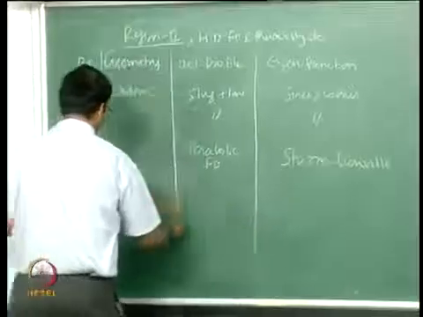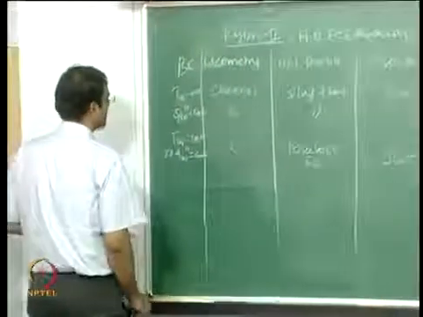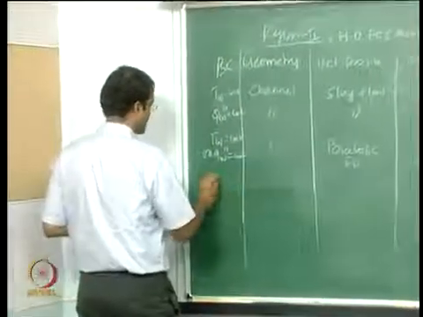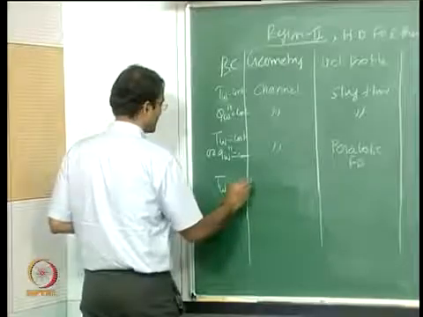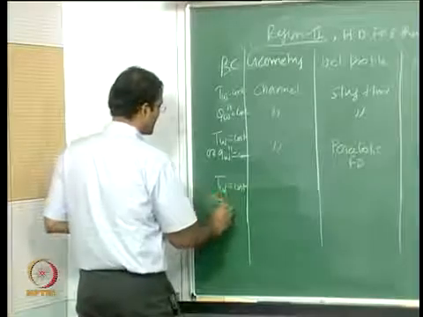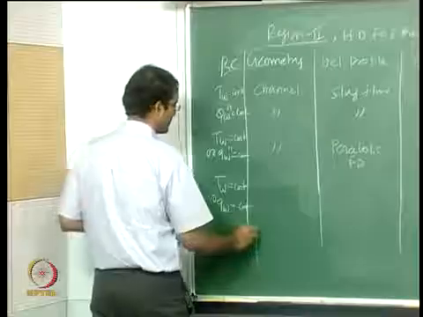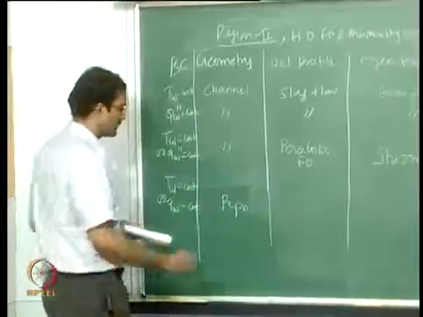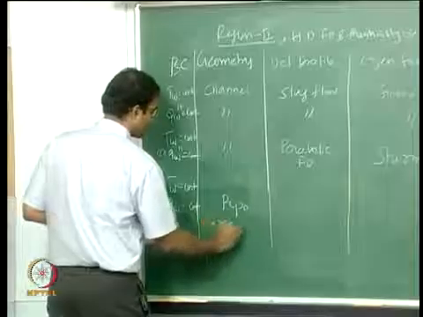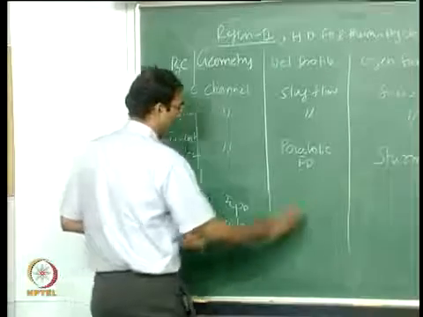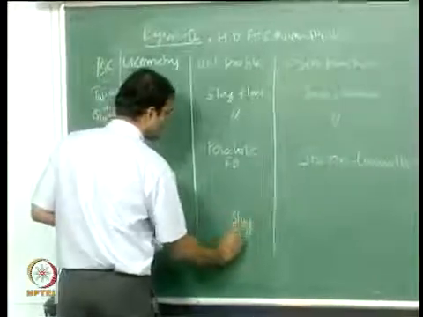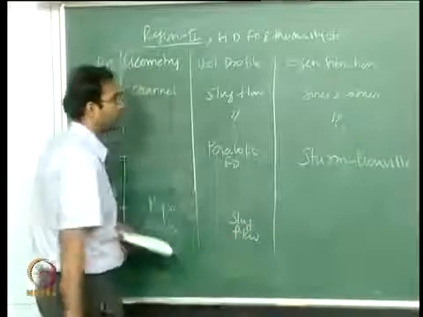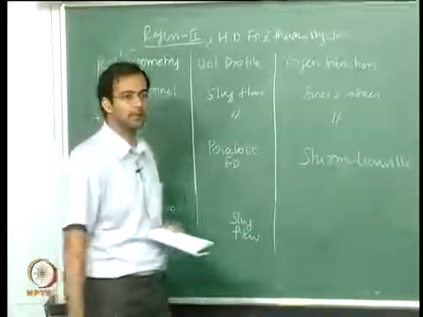Okay, and when it comes to T wall is constant or Q wall is constant, but for pipe flow with a circular cross section, if you have slug flow, what will be the eigenfunction? Bessel.